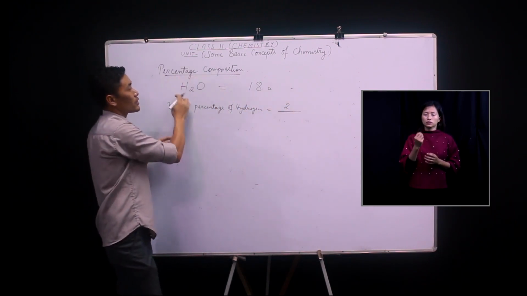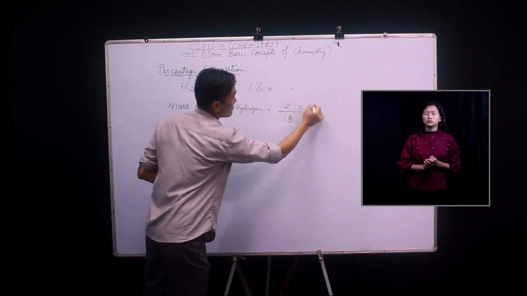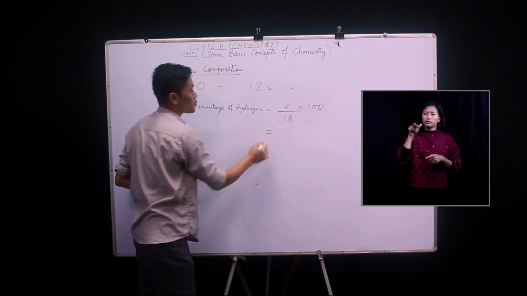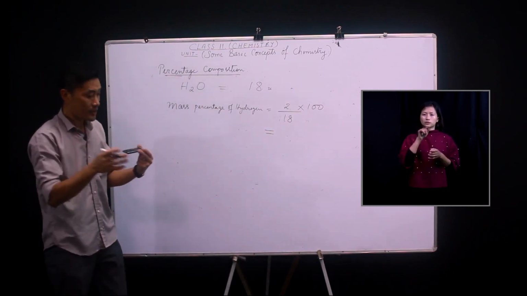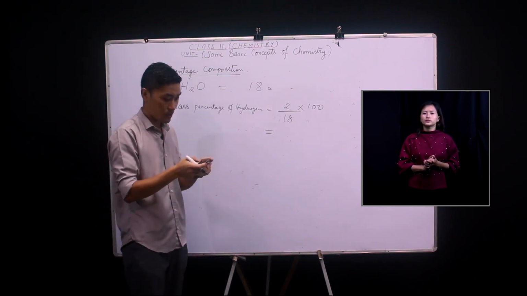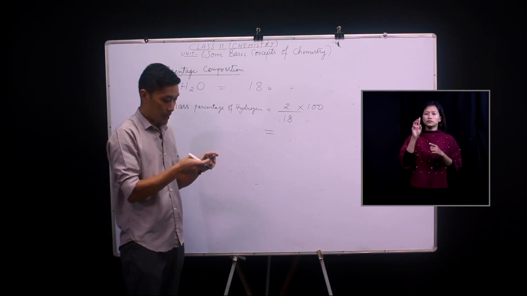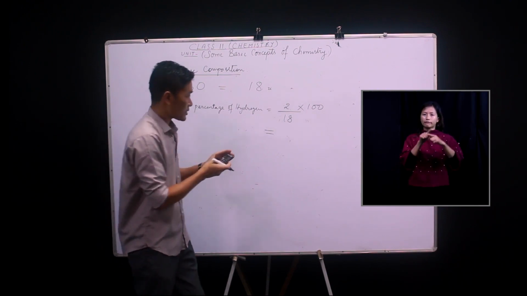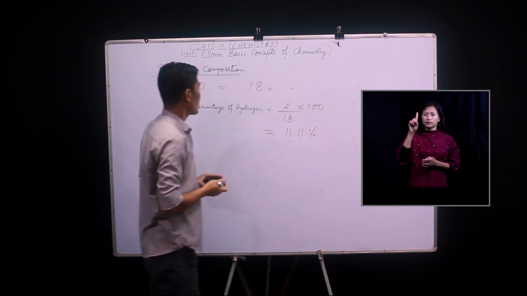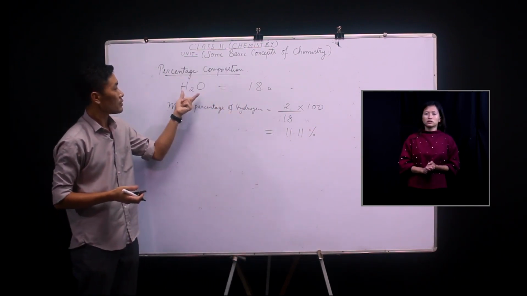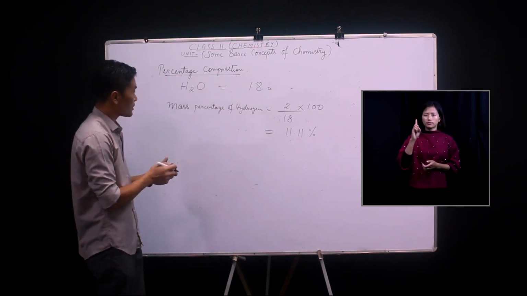Total mass of the compound, that is the molecular mass, will be 18, and then this is multiplied by 100. This will give us the mass percentage of hydrogen. To save time, let me do the calculation with this calculator. 2 into 100 divided by 18 should give us 11.11%. So the mass percentage of hydrogen in H2O is 11.11%.